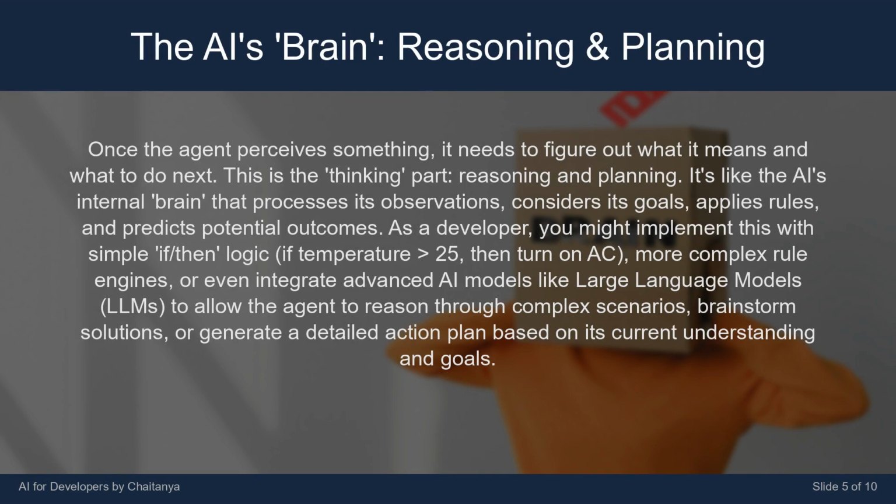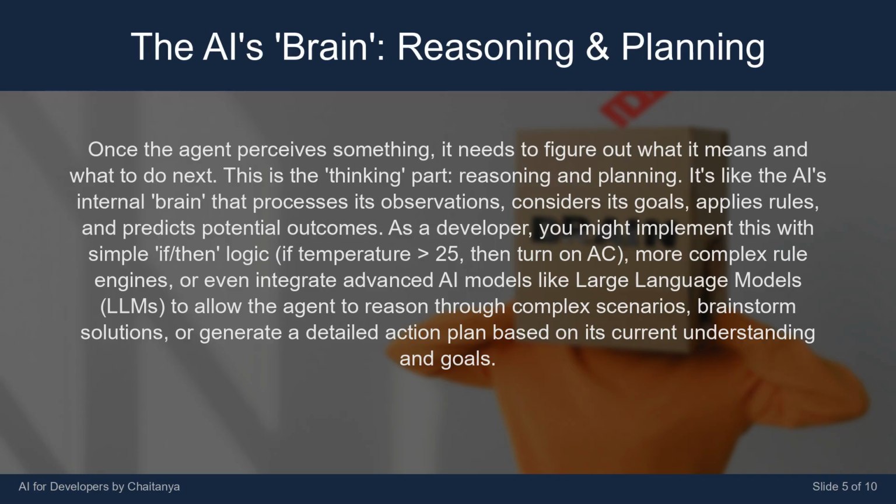Once the agent perceives something, it needs to figure out what it means and what to do next. This is the thinking part, reasoning and planning. It's like the AI's internal brain that processes its observations, considers its goals, applies rules, and predicts potential outcomes. As a developer, you might implement this with simple if-then logic.